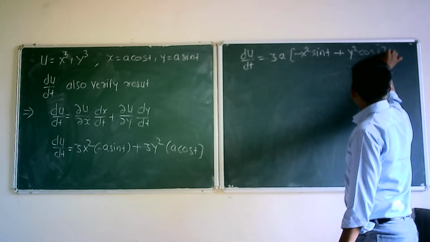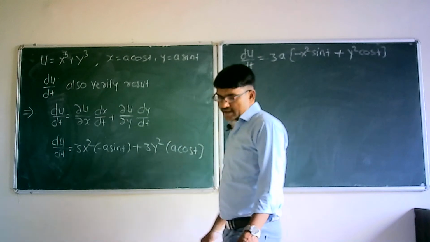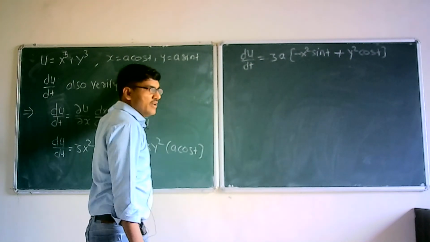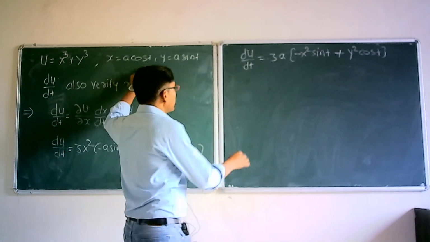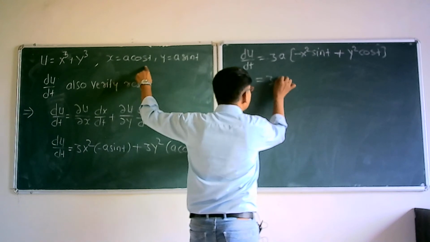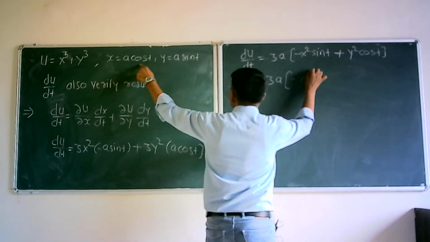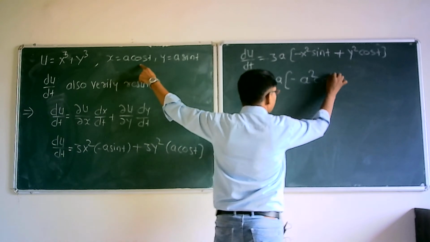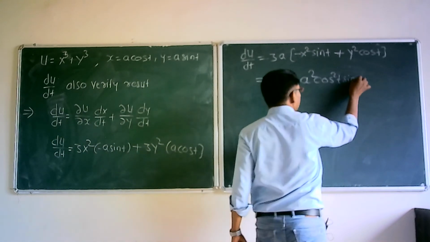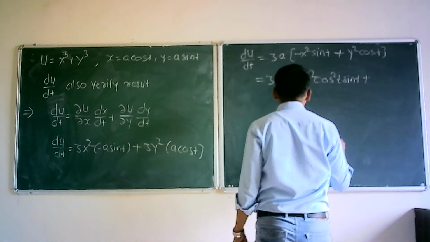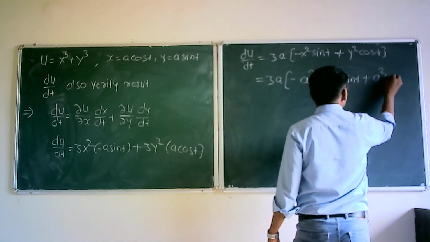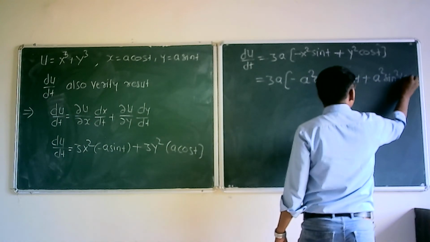Since we want to verify our result, in place of x again put a cos t and in place of y put a sin t. So we will get thrice a times minus x square, which is a square cos square t, sin t, plus y square, which is a square sin square t, cos t.